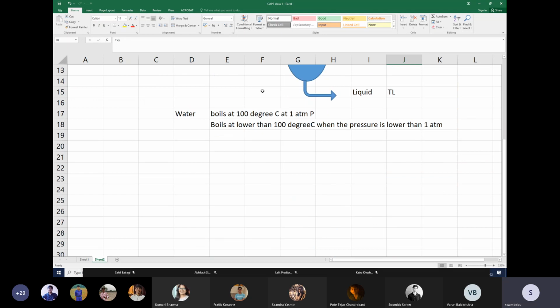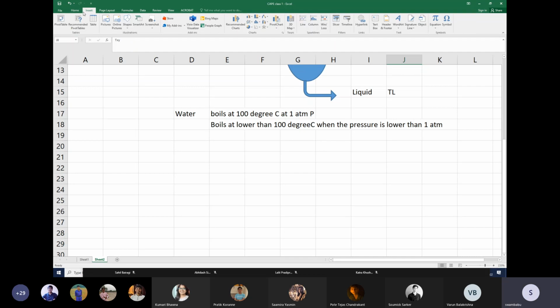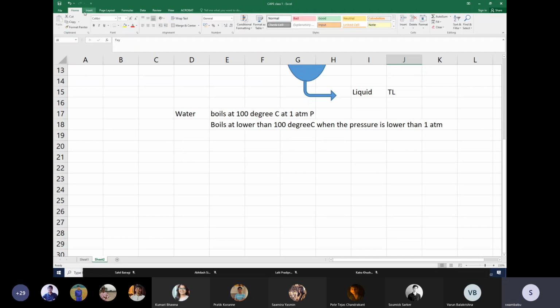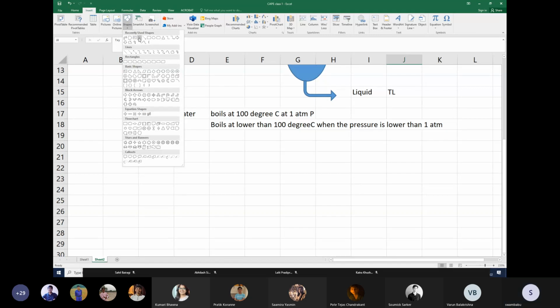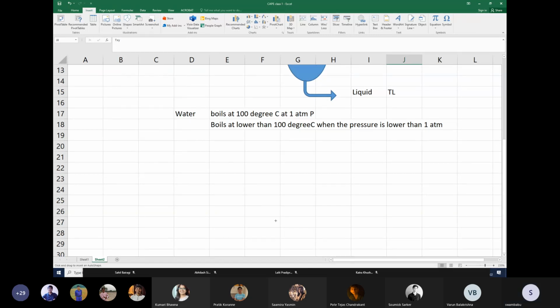So a typical TXY plot will look like this. I'm sure all of you remember it, but let me discuss once.